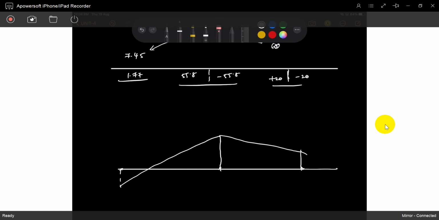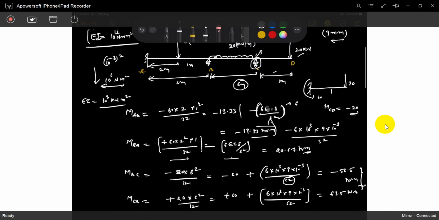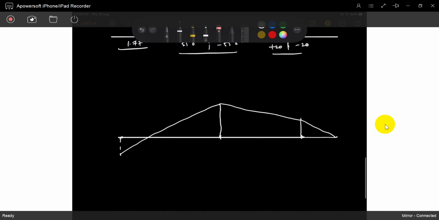And also loading is there, 60. So based on that, it's a 60. It's a uniformly distributed load. Maybe it is increasing, below or above. You have to find out the values. So no need to discuss again and again. That's the story. You can write it.